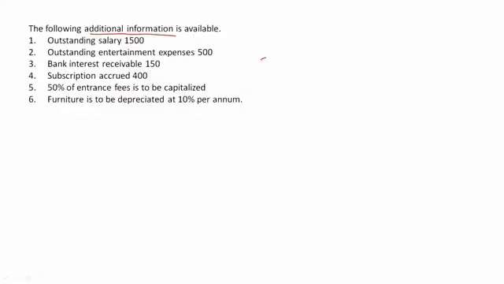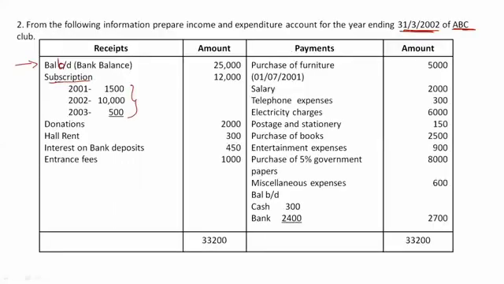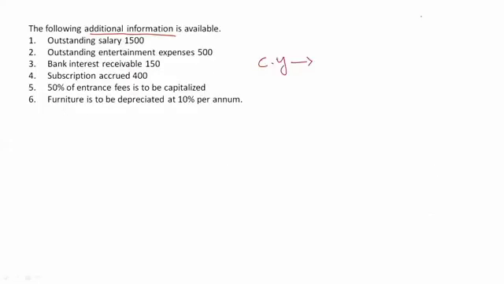First of all, I need current year. It says that it ends at 31st March 2002. It means it should have started on 1st April 2001 to 31st March 2002. This is my current year. So what should be my previous year?